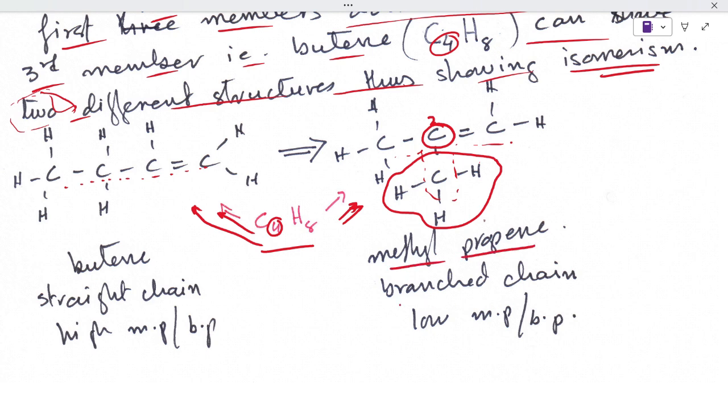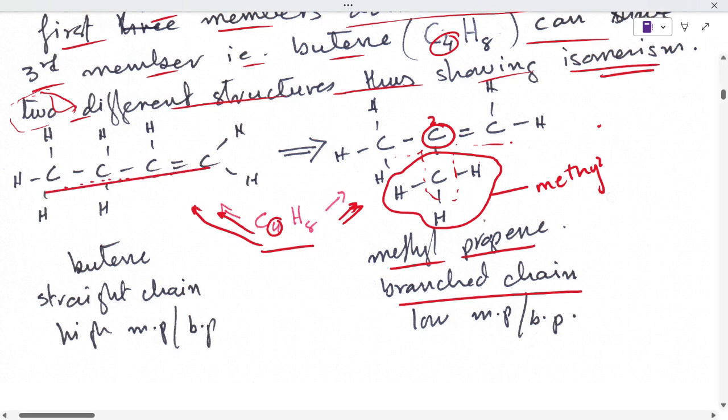The branched one is methyl and the longer chain has a double bond, 3 carbon atoms, so it is a propene. And as we have discussed earlier, butene, as it is a straight chain and can be packed compactly, has a higher melting point and boiling point as compared to the branched one.